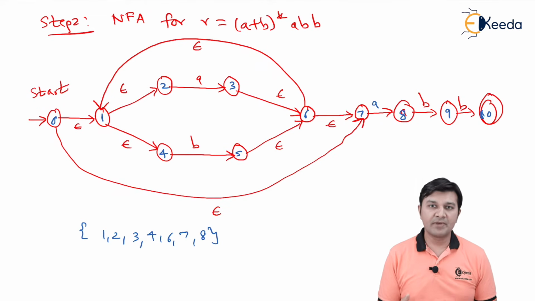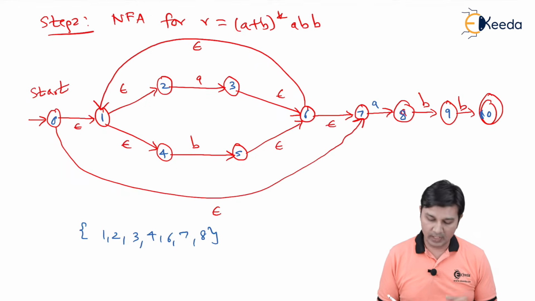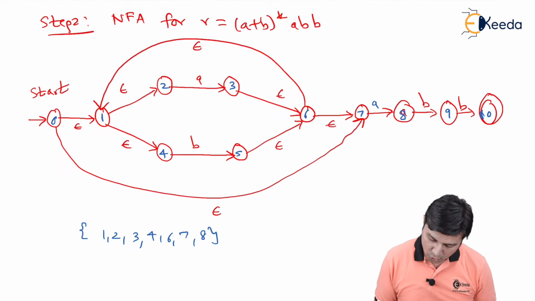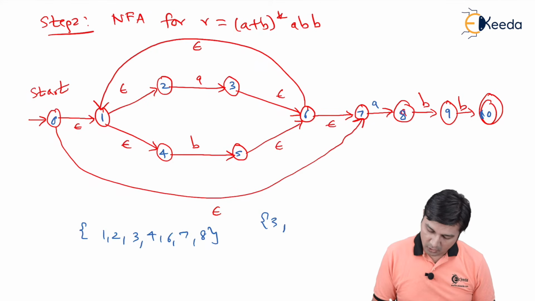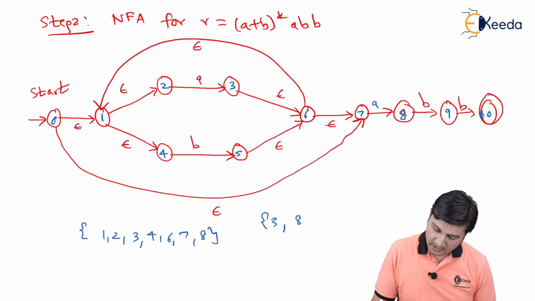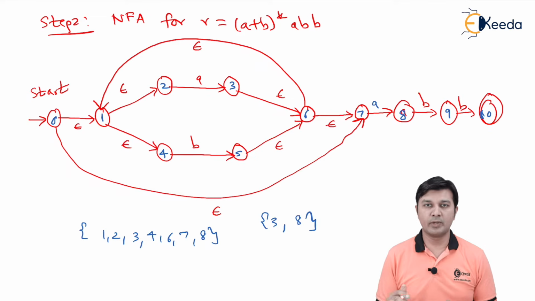Each on receiving A, we have to check what we are getting. So we have 1 on A goes nowhere, 2 on A, yes, it goes to 3, 3 on A nowhere, 4 on A nowhere, 6 on A doesn't go anywhere, 7 on A, yes, it goes to 8, and 8 on A doesn't go anywhere. That is epsilon closure of Y on A. Let's do Y on B immediately.